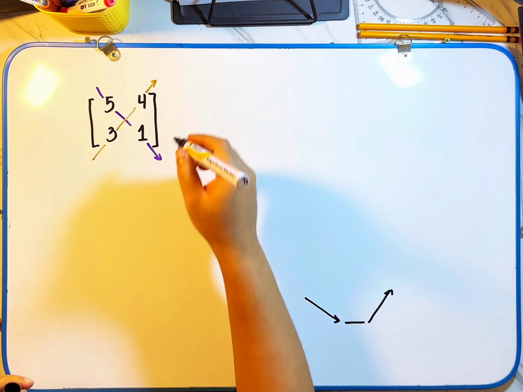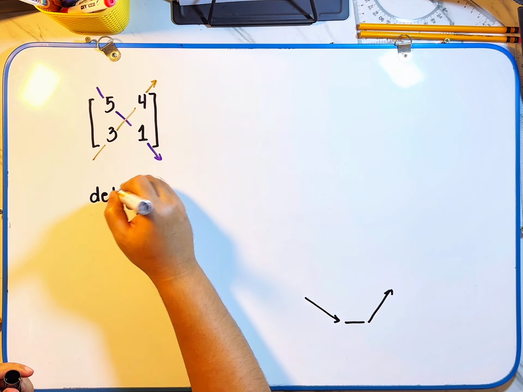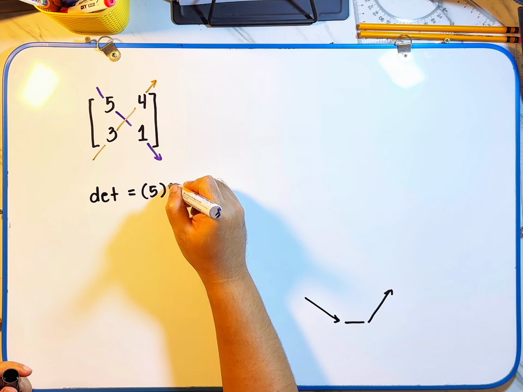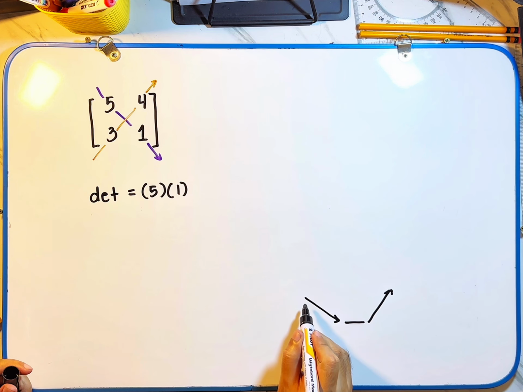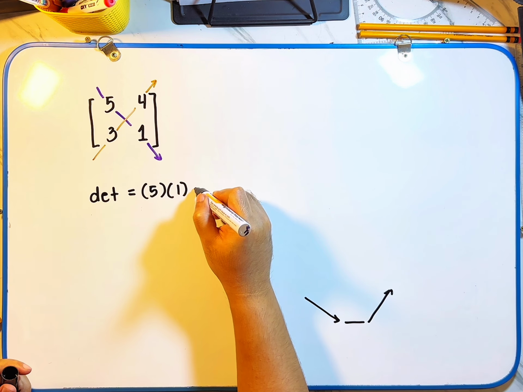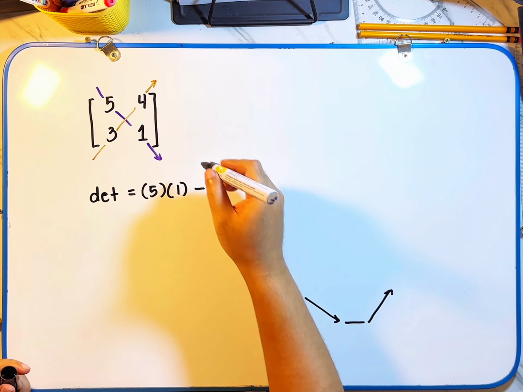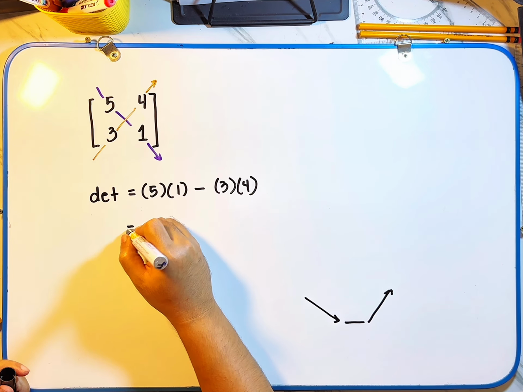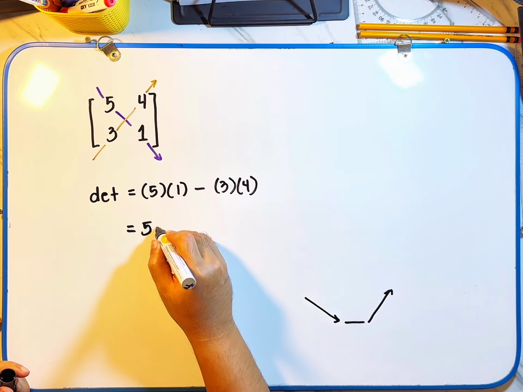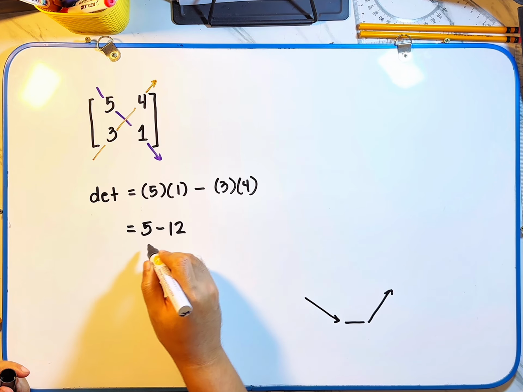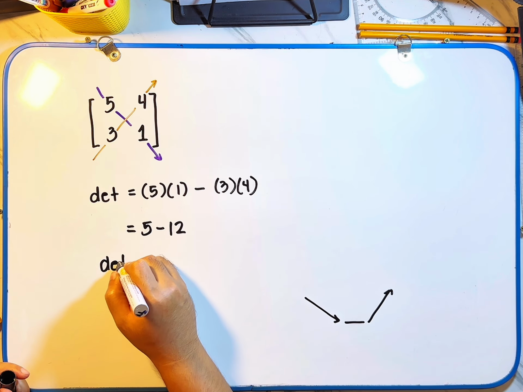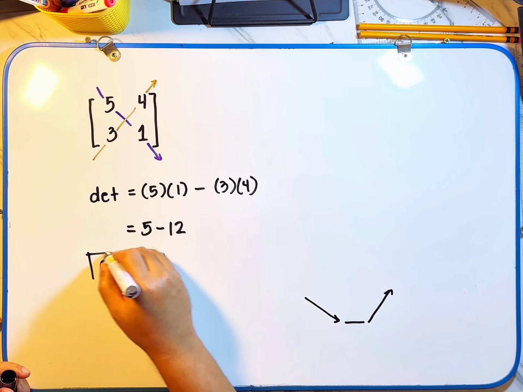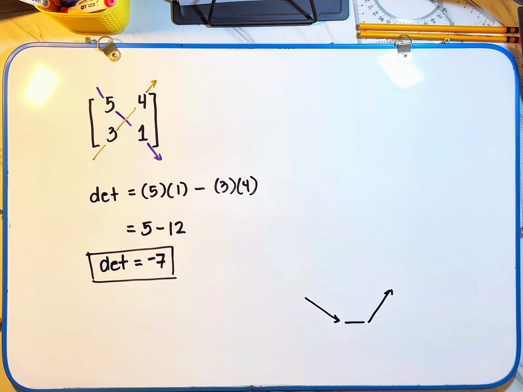So, the determinant of this matrix is equal to 5 times 1 and then minus, multiply diagonally upwards, 3 times 4. Let's solve. 5 times 1 is 5. 3 times 4 is 12. And 5 minus 12 is equal to negative 7. Therefore, the determinant is negative 7.